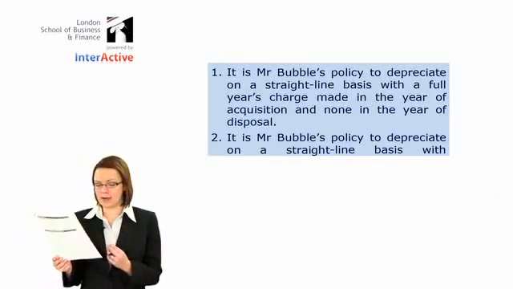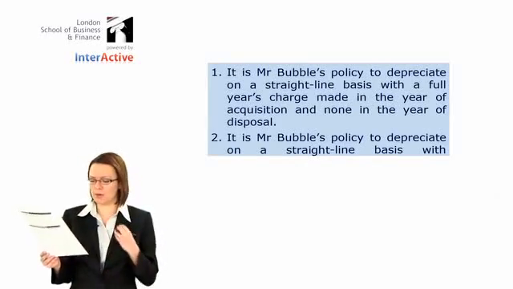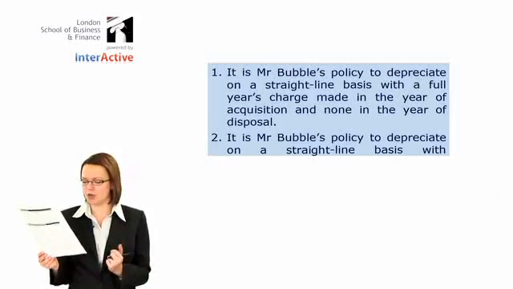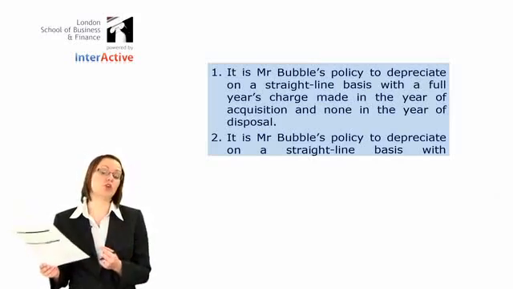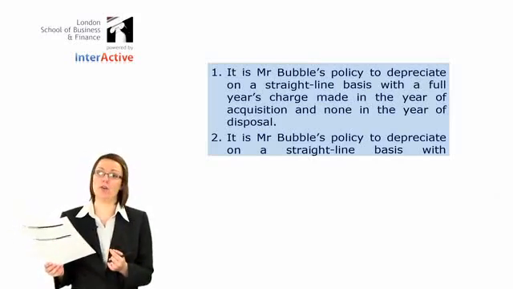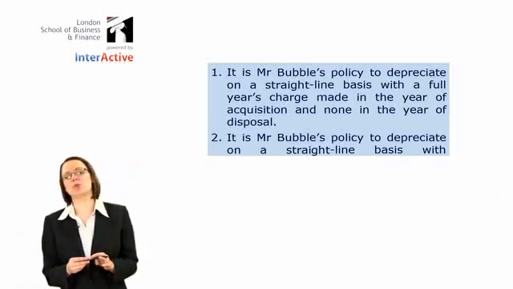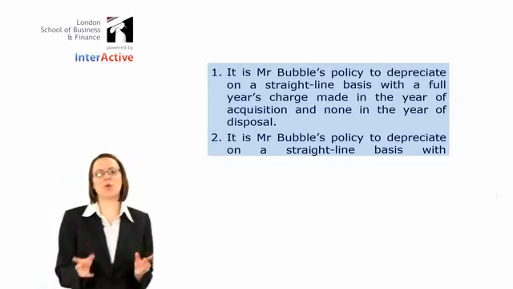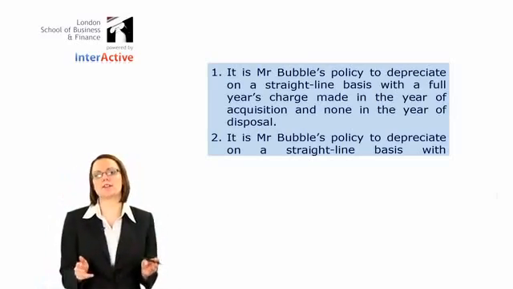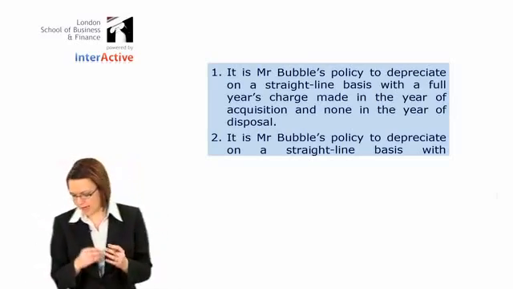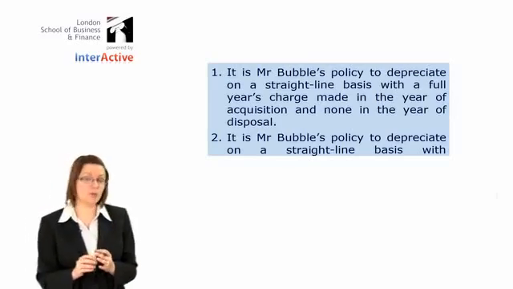And then the second point, it's Mr. Bubble's policy to depreciate on a straight line basis with proportionate depreciation in the year of purchase. So, what we're distinguishing between here is the first requirement is to calculate straight line depreciation of that building.